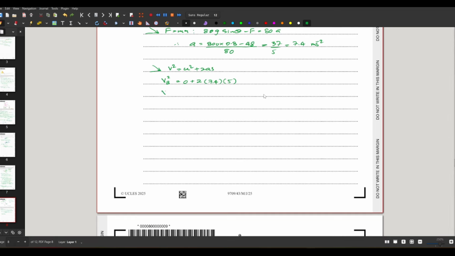So with this one, VB equals, so here if you multiply 2 times 7.4 times 5, it is 74. So we have to take the square root of this one, which becomes 8.6 meters per second.